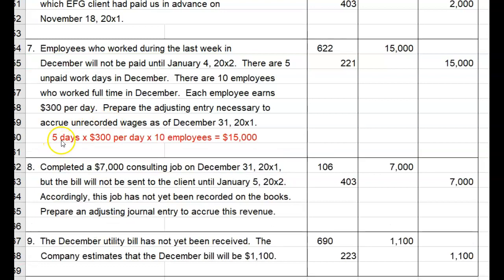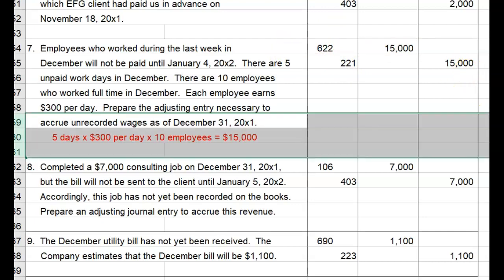5 unpaid workdays. Each employee gets $300 per day, so 5 times 300 per day times 10 employees equals $15,000 of accrued wages. Debit salaries expense, credit salaries payable, $15,000.